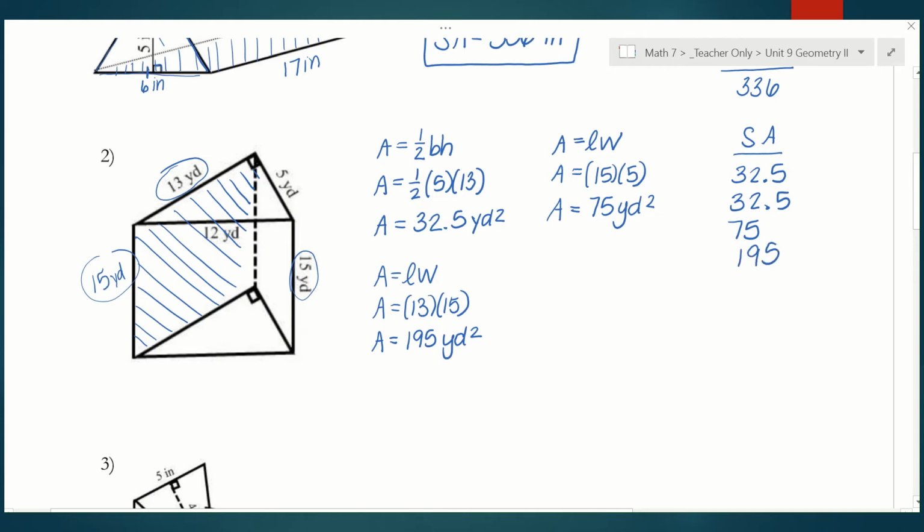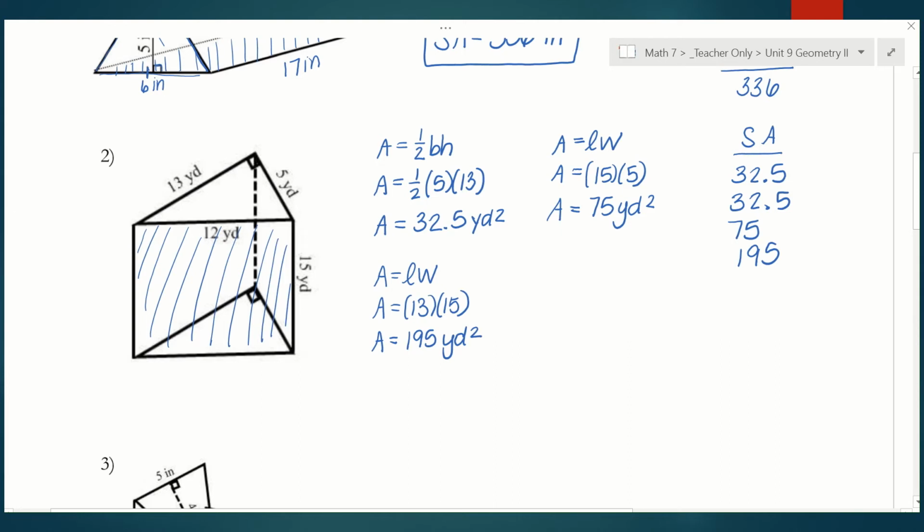And so we're only missing one more rectangle. And that one, let me get rid of all this, is this one that kind of messes with your eyes a little bit. This one that's kind of in front. And we can see that that's a 12 by 15. So 12 times 15, which is 180.